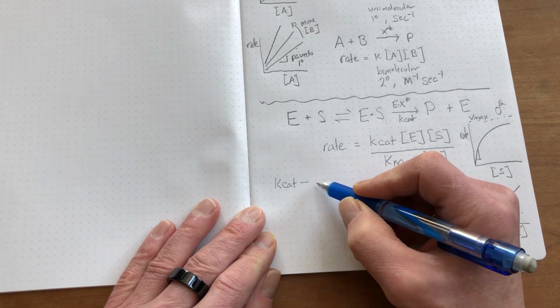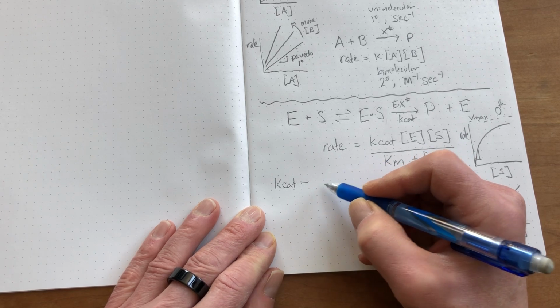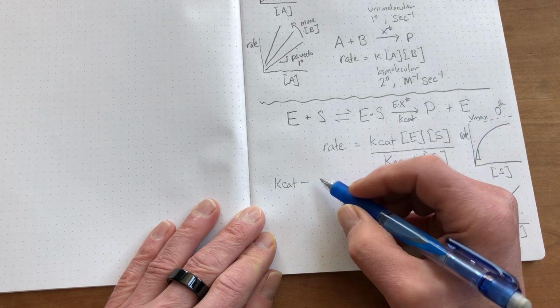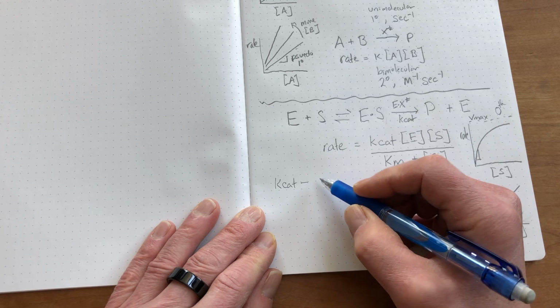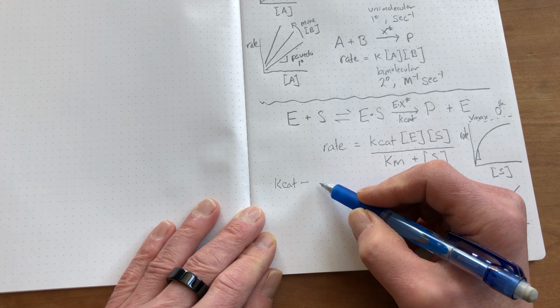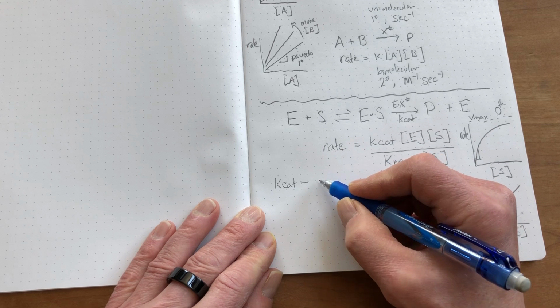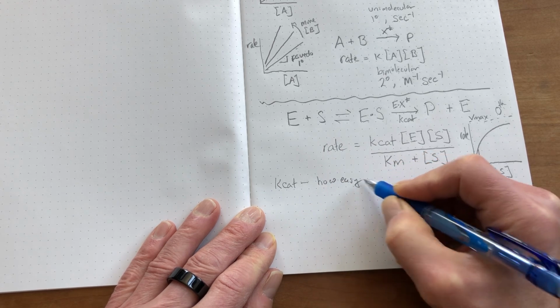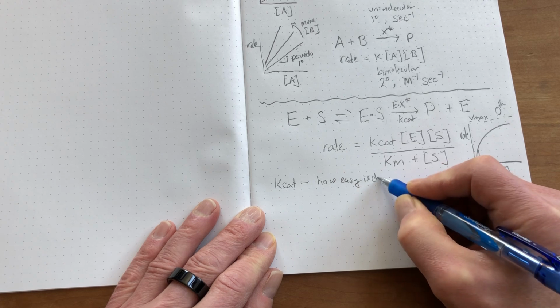So it's a reflection of how difficult the chemistry is. Hydration of carbon dioxide or dehydration of bicarbonate is very easy. So this will be fast if the chemistry is easy, and it'll be a lower number if the chemistry is difficult.